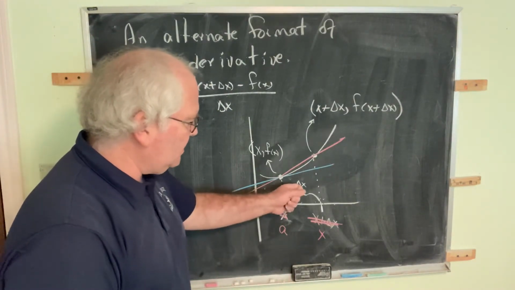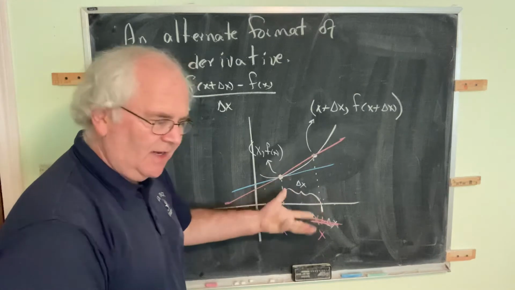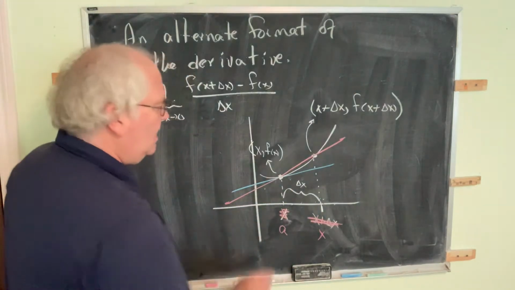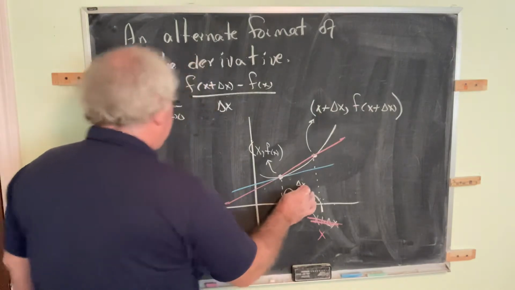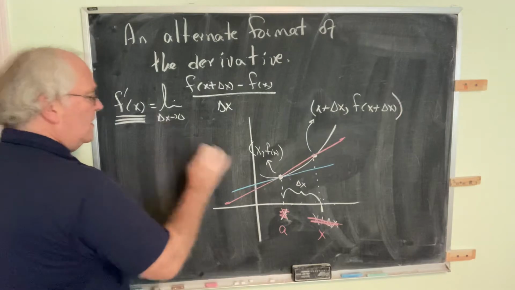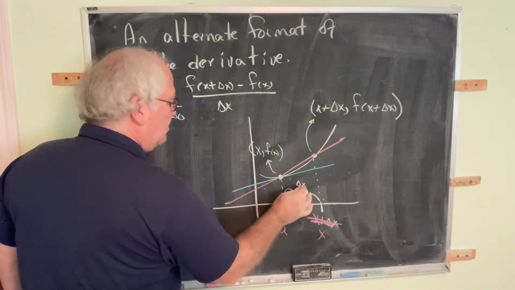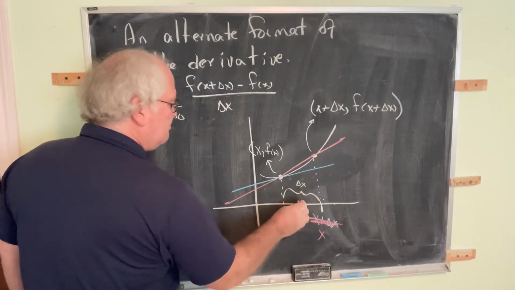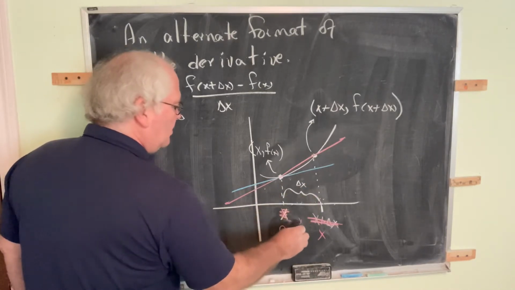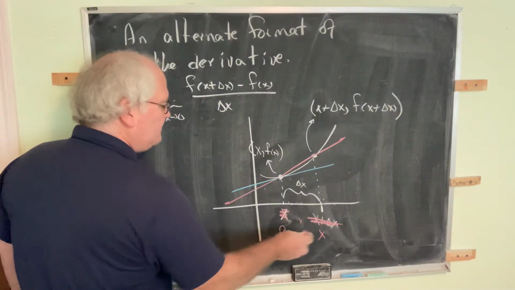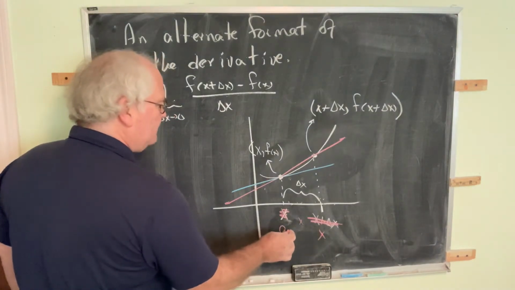Now, there is no delta x. It doesn't really come into play. But here's the key. Delta x goes to 0. We're taking the limit as delta x goes to 0. Well, as delta x goes to 0, what happens to this red x? As delta x is smaller, this red x is now over here. As delta x is smaller, the red x is over here. a is staying fixed. x is approaching a.